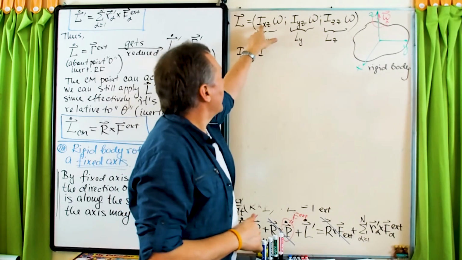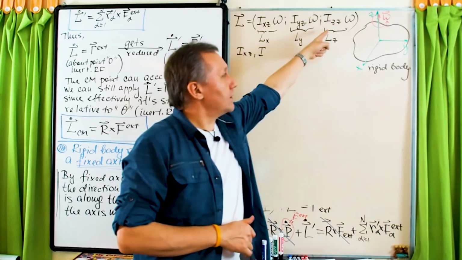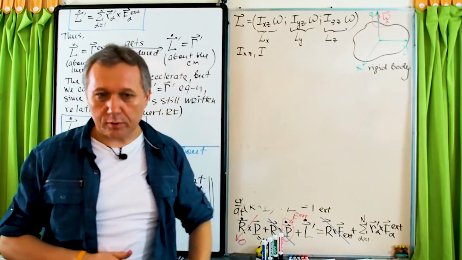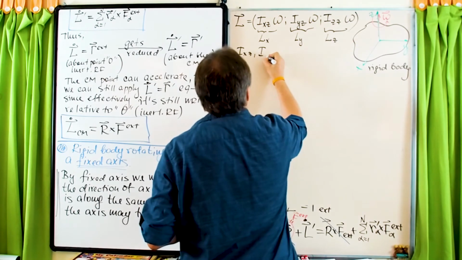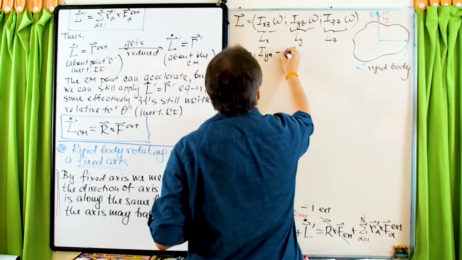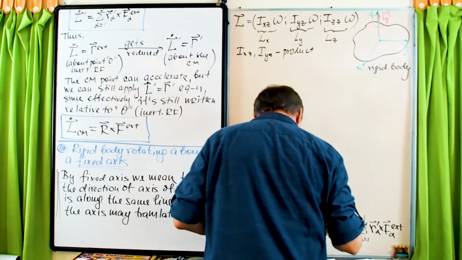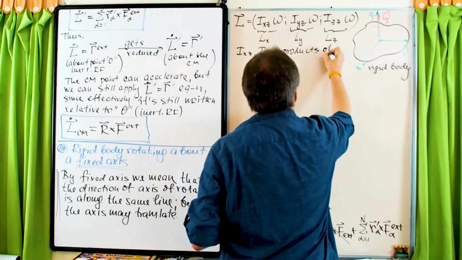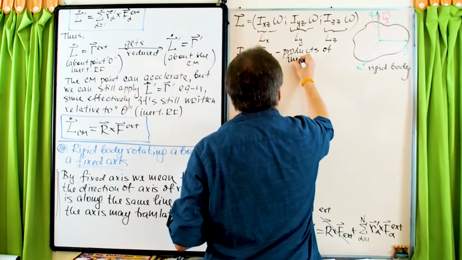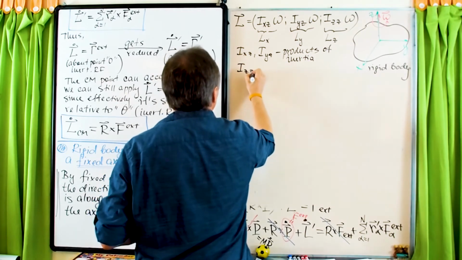I_xz and I_yz are products of inertia, and I_zz is one of the diagonal elements, called the moment of inertia.